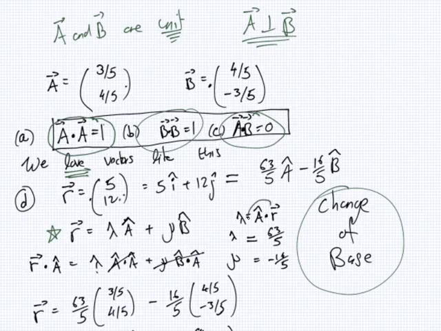This one was A dot R, and this one here was B dot R, and I give you the A and the B, and I also give you the R. There was stuff on the bottom?